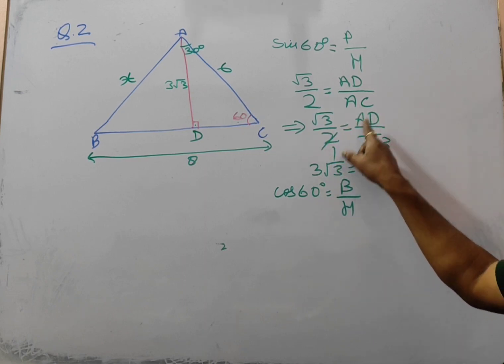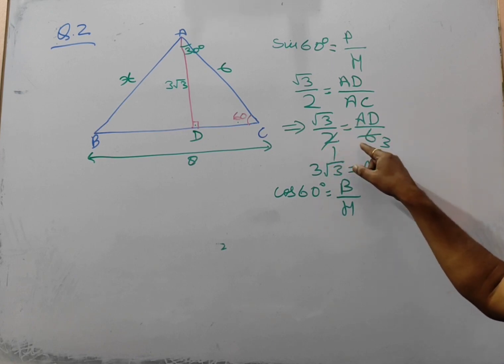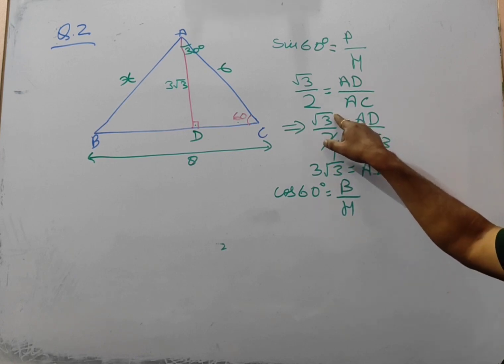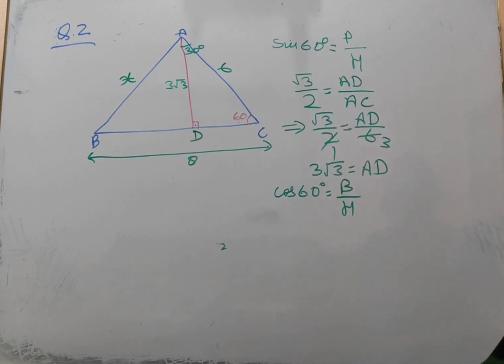If I do cross multiplication, then this 6 goes in multiplication, right? So we can do it like that also.